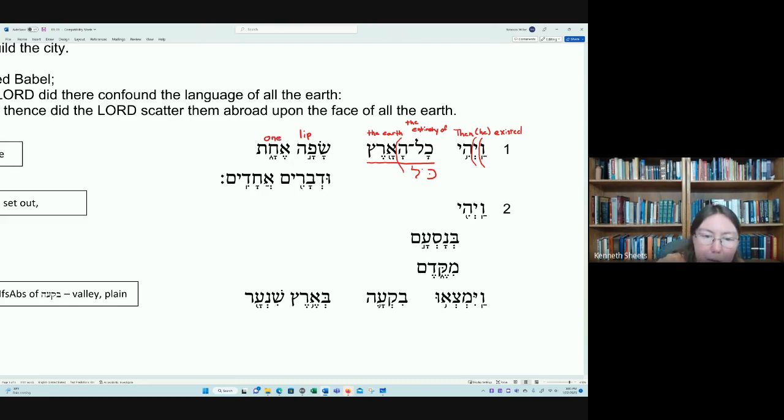And then notice here, udevarim achadim. So you can see the conjunction there. That's the form that the conjunction takes when it precedes a vocal shva. And you can see devarim. Notice that im ending there, indicating that it is plural. So thus, and this is going to be on the word davar, expression.